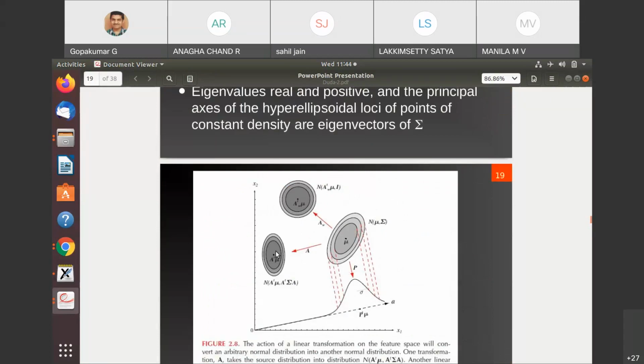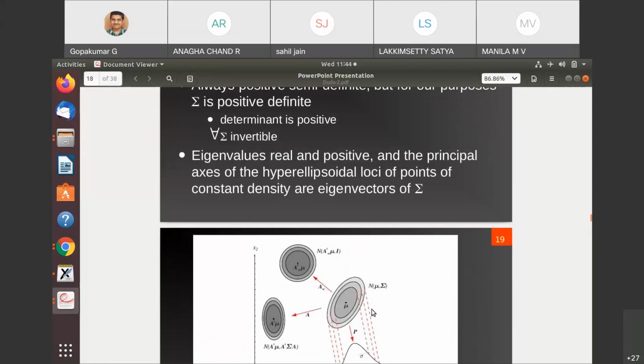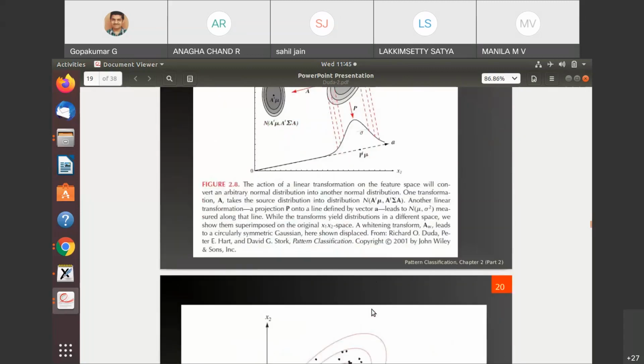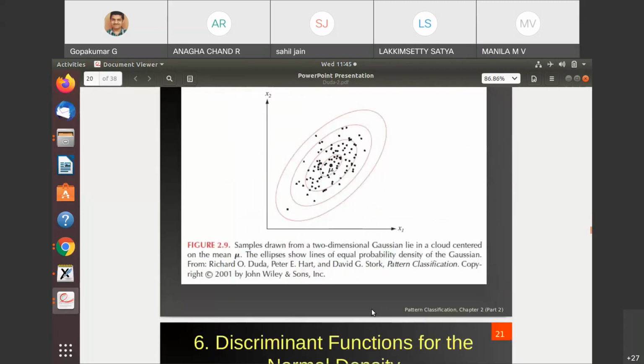We are not going to discuss those details, and if required in our analysis, we will come to this point again. But keep in mind this is how the points having the same probability fall, and how the axes and directions are determined, just to have an overall idea.